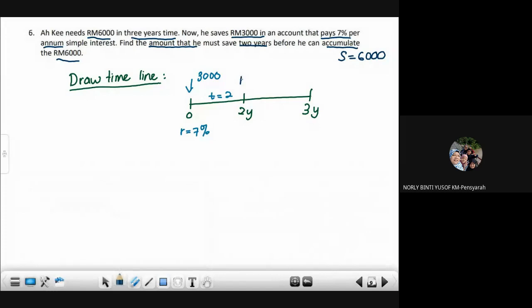Okay, then amount untuk yang kita nak tahu, find the amount that he must save 2 years before he can accumulate the 6,000. Maksud berapa kat sini, itu adalah X. Okay, ni piece pertama lah, nak faham. 3,000.